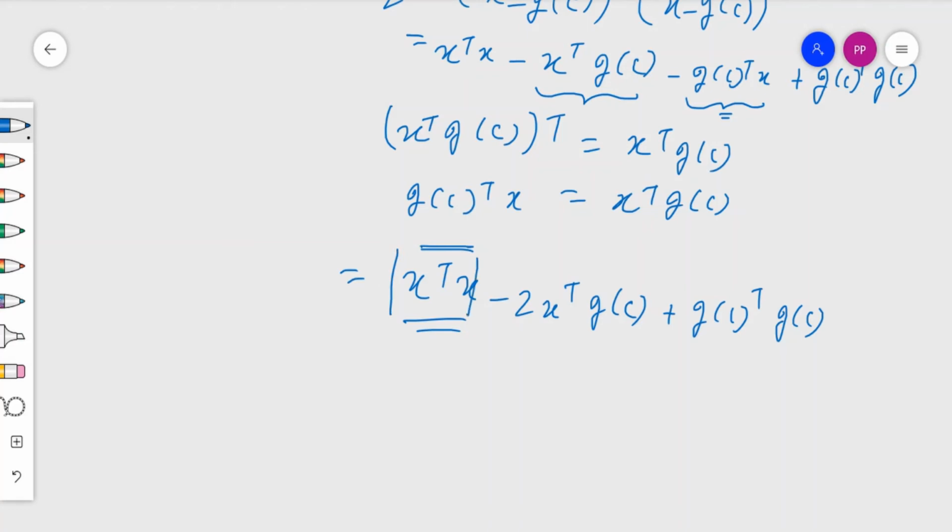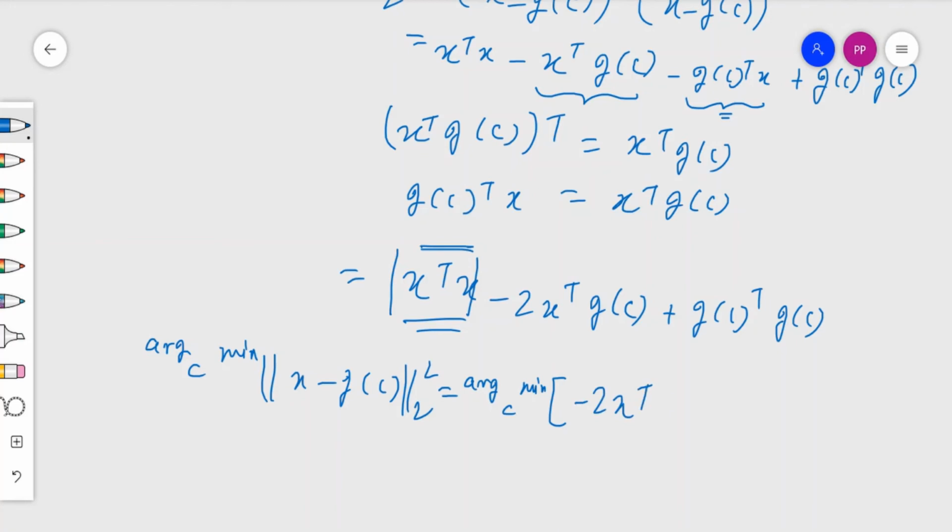So we can avoid this first term, and thus we can write argmin over C of the L2 norm squared of x minus GC. This is equal to argmin over C of minus 2x transpose GC plus GC transpose into GC, like this.